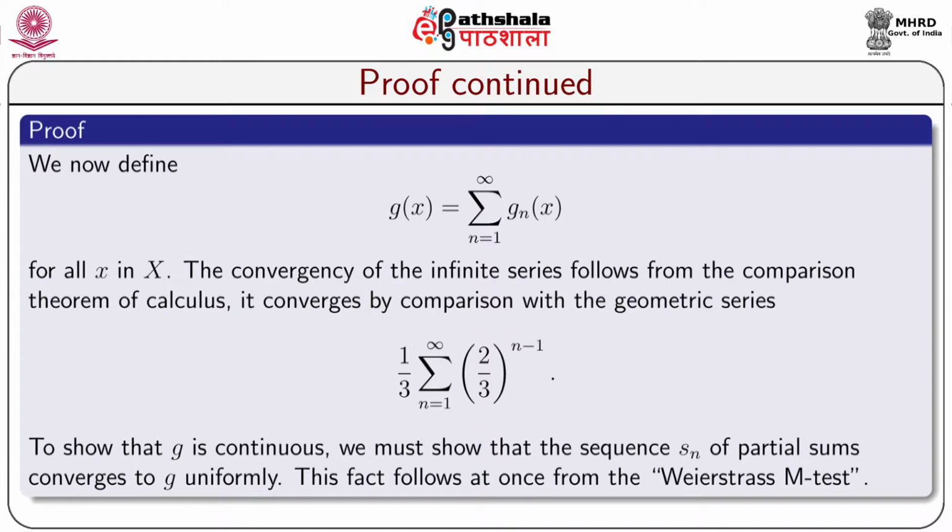Since we know that a uniformly convergent sequence of continuous functions is continuous, if we can prove that the sequence of partial sums Sn converges to g uniformly, then we will be able to say that g is continuous.